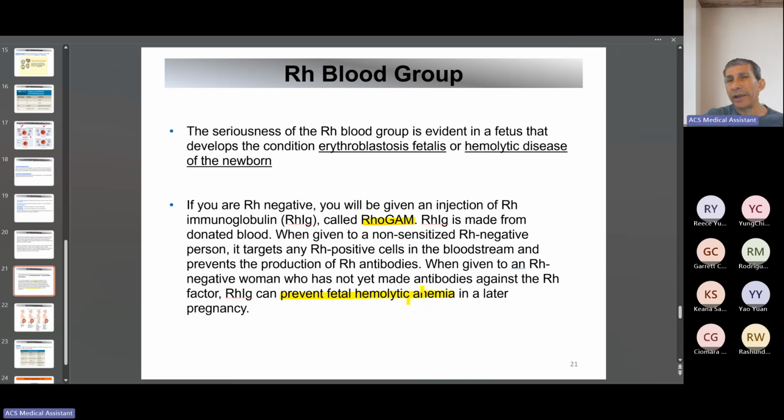So that is called erythroblastosis fetalis or hemolytic disease of the newborn. See, there is no way, not even a miracle can save you. The baby will never be born. They will die in the first weeks of pregnancy.